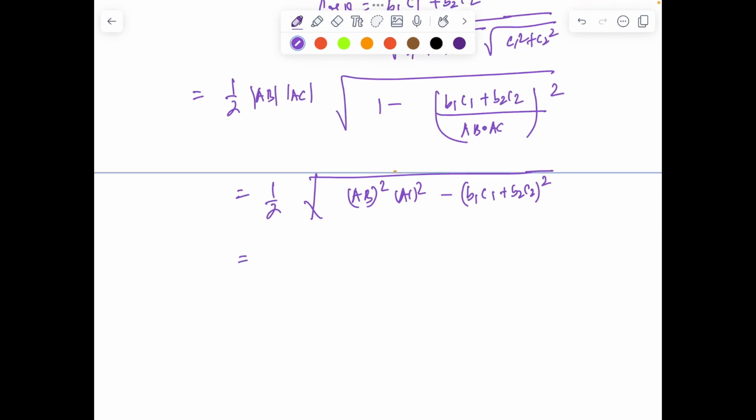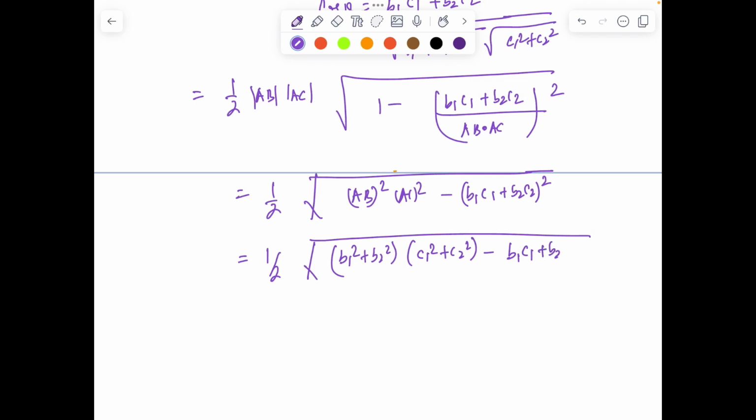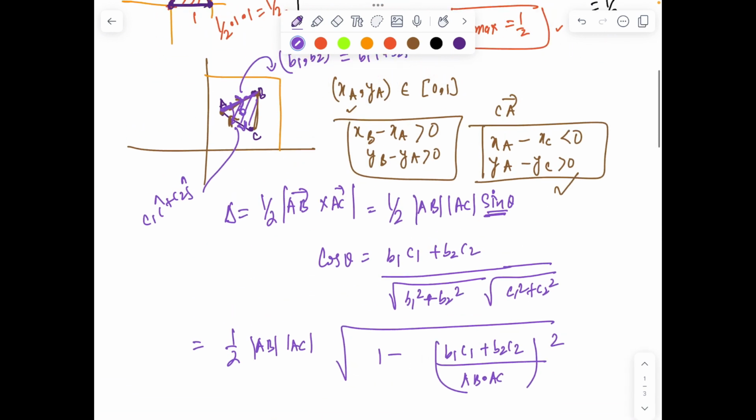Exactly the same work can be done even for 3D vectors. So for 3D we'll have just new components B3 and C3. So half into AB square is B1 square plus B2 square and AC square is C1 square plus C2 square, minus B1 C1 plus B2 C2.